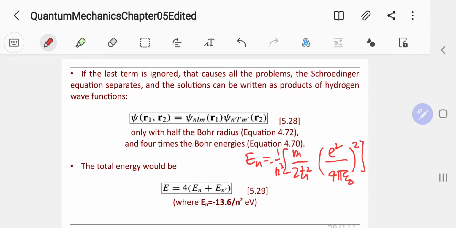So when you have a helium atom with 2 protons, there is a factor of 2 here. So the energy would be 4 times as great as the energy of the electron in the hydrogen atom. By the way, this is the Bohr formula, if you could recall.